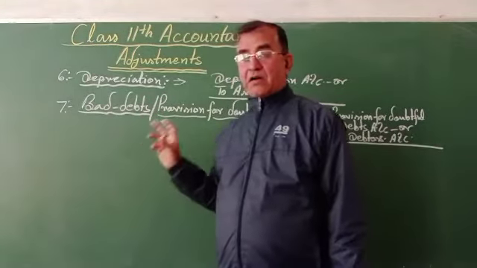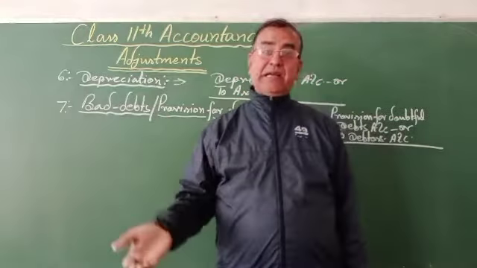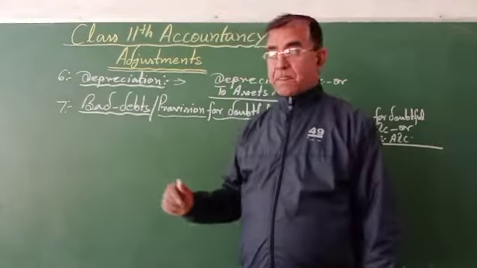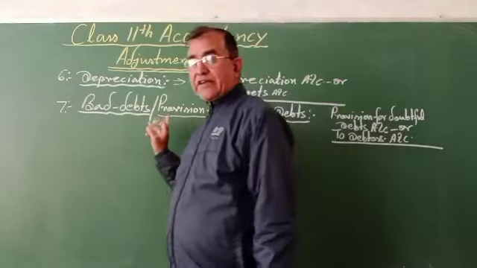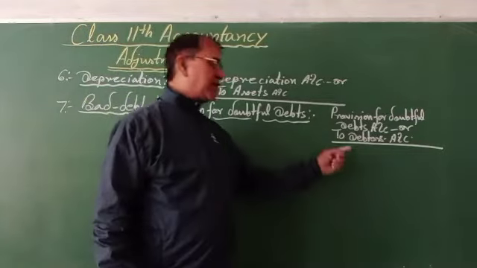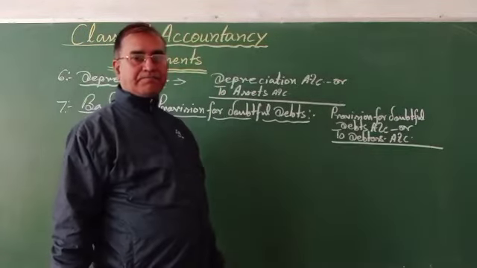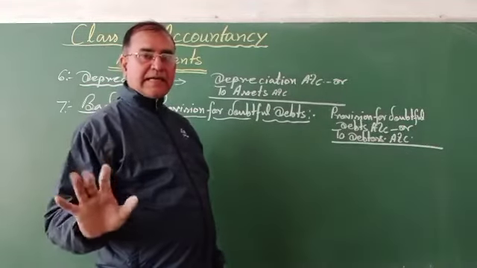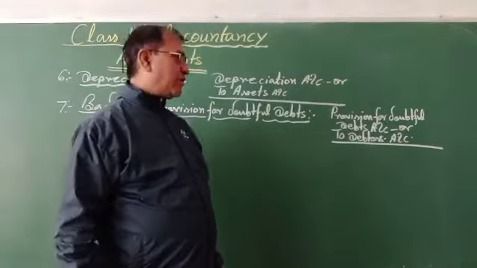And provision for doubtful debts is for what may happen in future. So the journal entry is provision for doubtful debts account debit to debtors account. Clear? I think it will be clear for you.